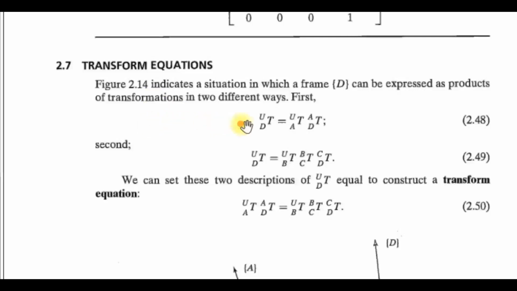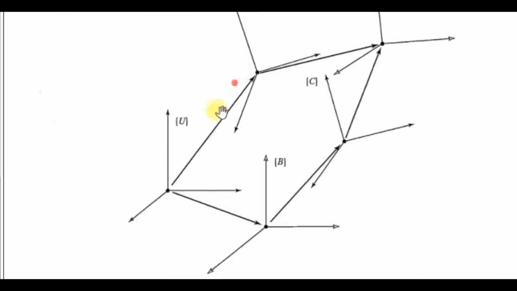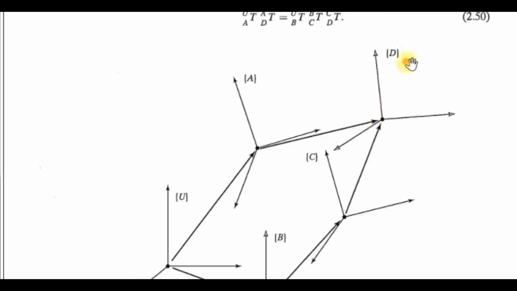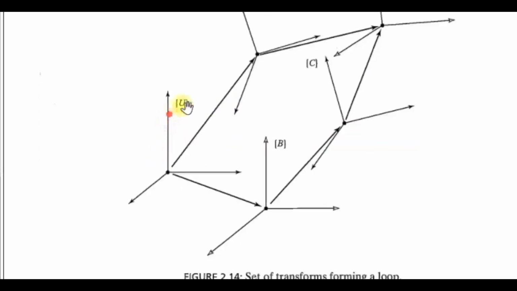Suppose UTD, look at U and this is the D. It may go through via A or via B, C, D. So one point may follow this path via A or another may follow this path and reach here.